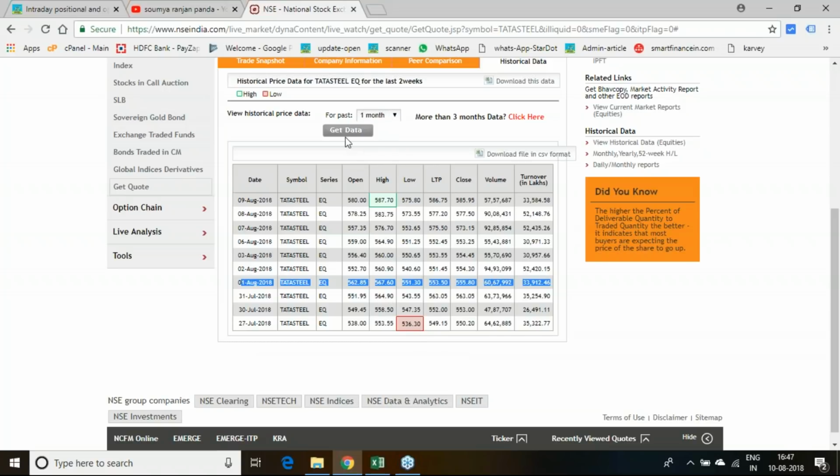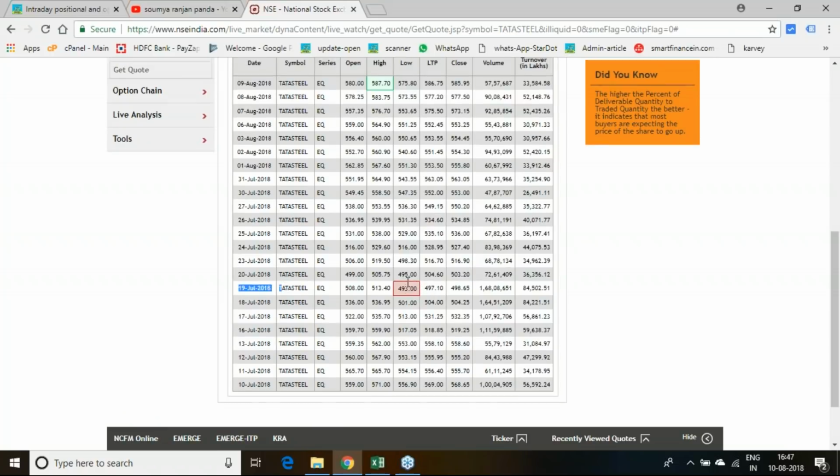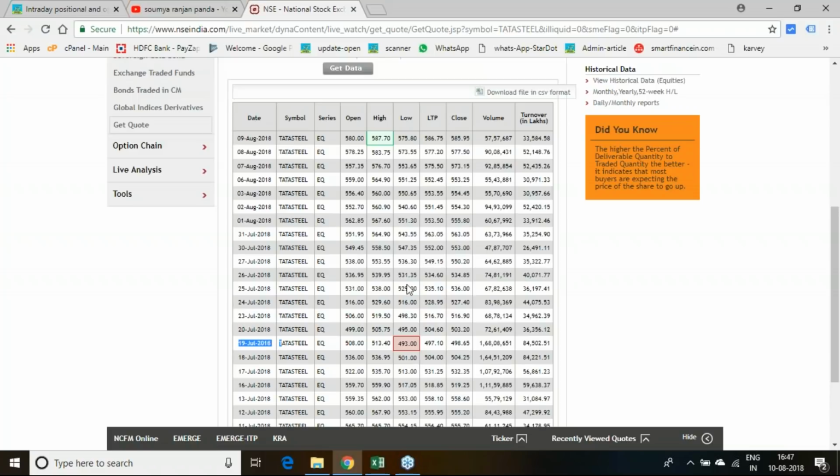In the trailing 1 month data you can find that 19th July it has created a low, and the 1st August price was the highest price point after 19th July.